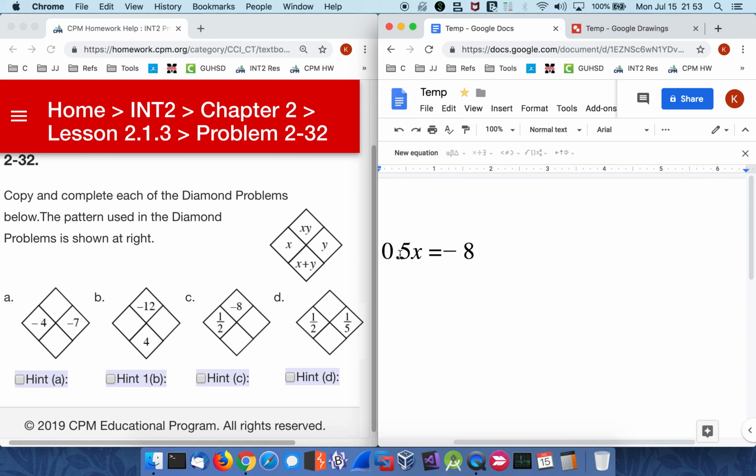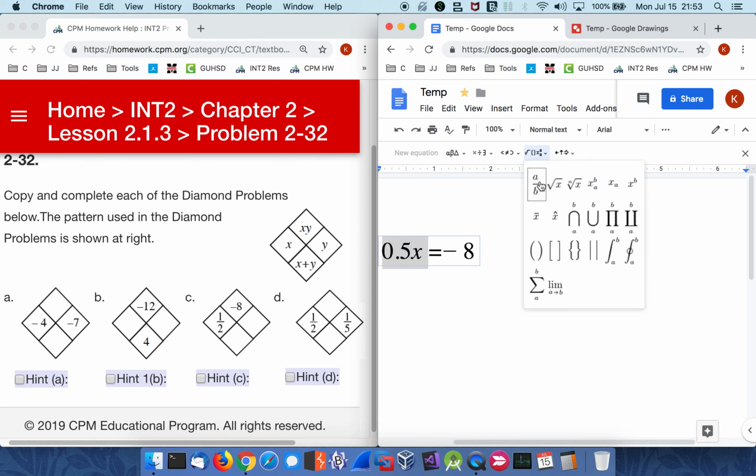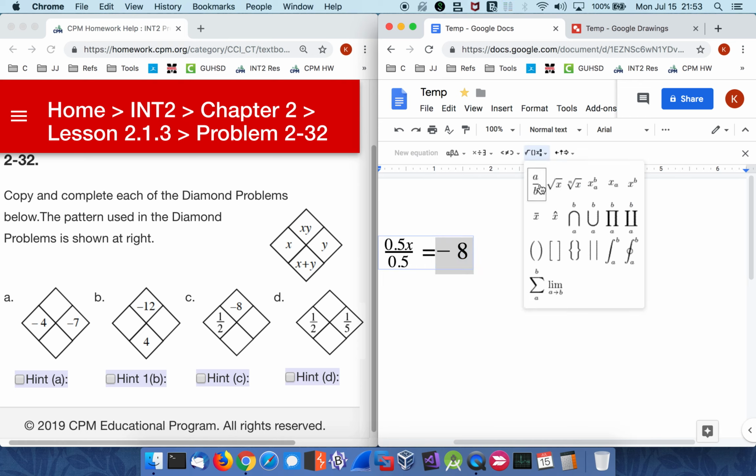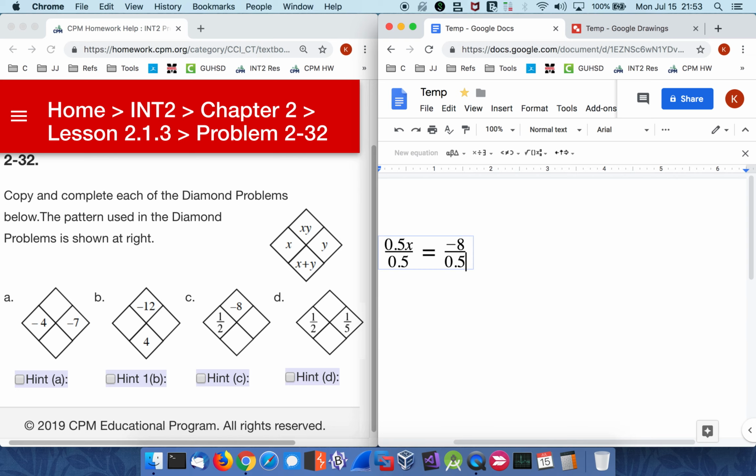So if we want to figure out what x is, we just need to divide this side by 0.5, and divide this side by 0.5. And then that gives us x on this side, and it gives us -8 divided by 1/2, which is really the same as -8 times 2, which is -16.